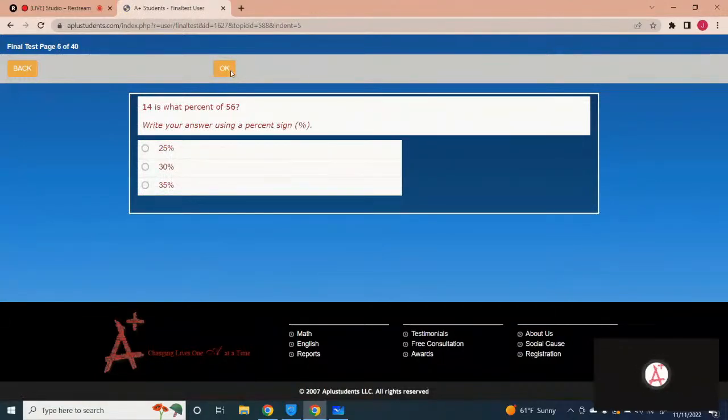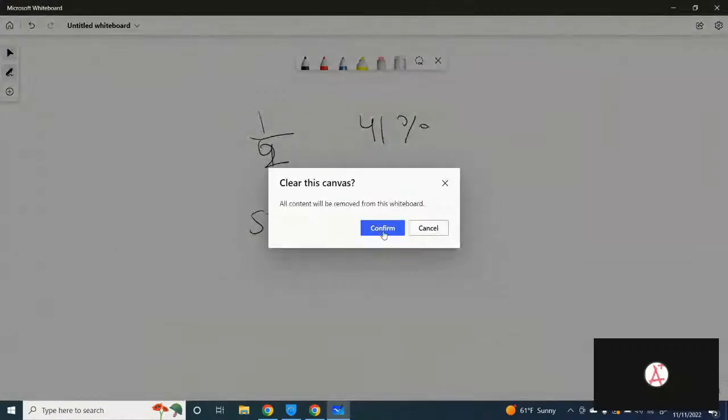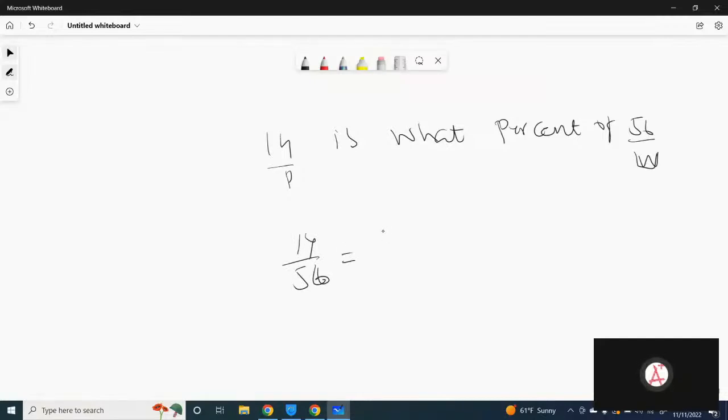14 is what percent of 56? Okay, this is the complete number, the whole number, and this is the part, so you have to find the percentage. Got it? It would be 14 over 56 equals n divided by 100.